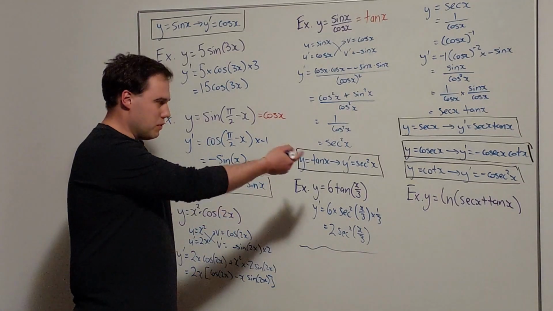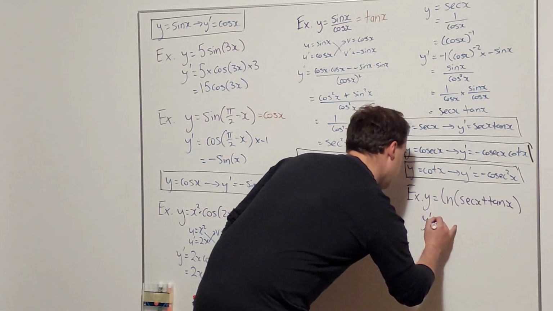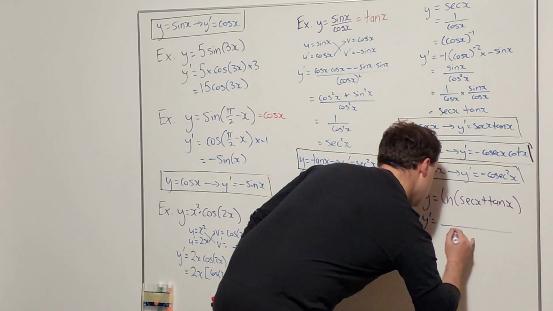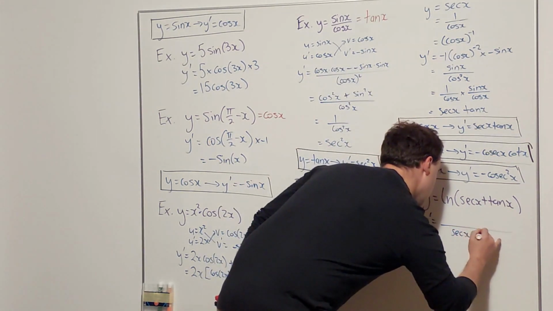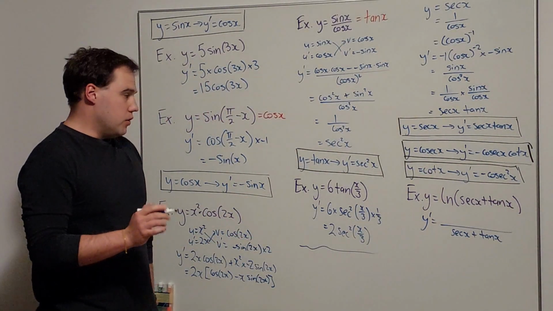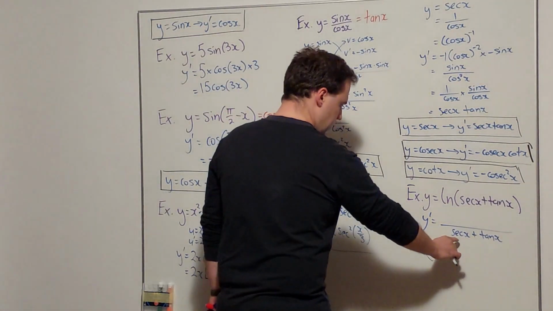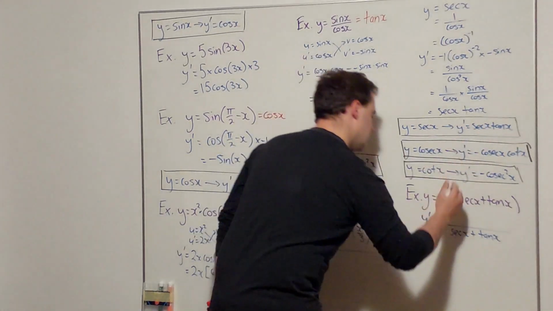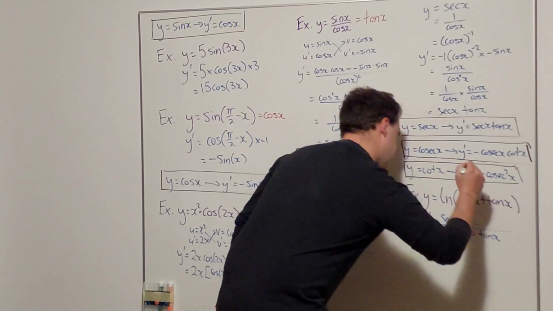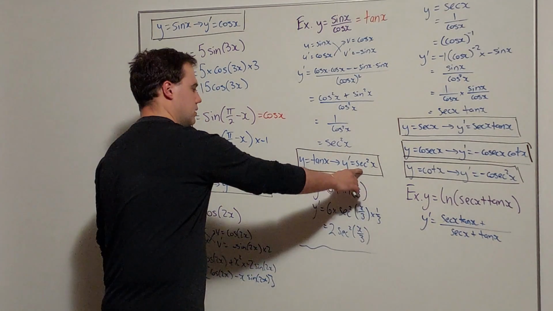But log with a trig function inside. So the derivative of natural log of something is this function going in the denominator, and then in the numerator, we're going to have the derivative of that function. So we've got the derivative of sec x is sec x tan x, plus the derivative of tan x is sec squared x.